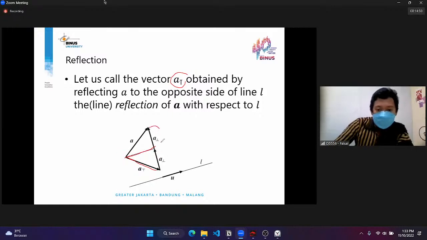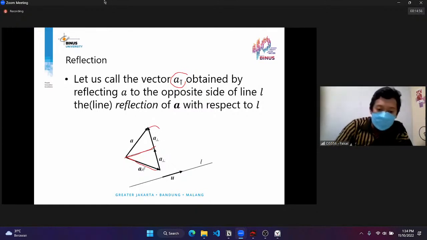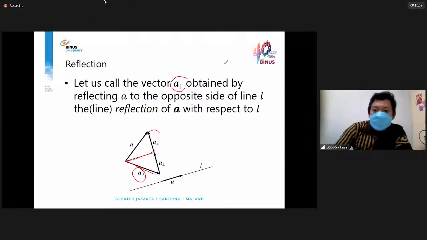We reflect, and the shape or the shadow of the vector A is this one.